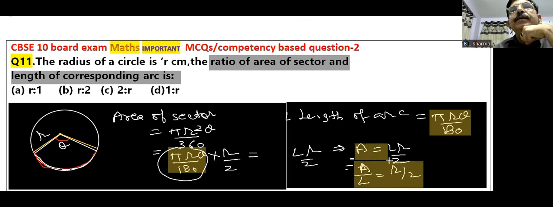This is the relation, area of sector of a circle is given by LR upon 2. A stands for area of sector, L stands for length of arc of the corresponding sector, R stands for radius.